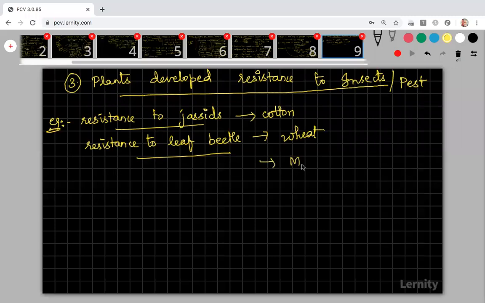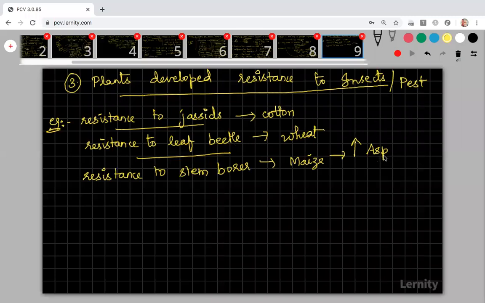Okay, and one more plant I will tell you. In maize, a variety was created that is resistant to stem borer disease. This variety of maize plant consists of high aspartic acid, ASP.